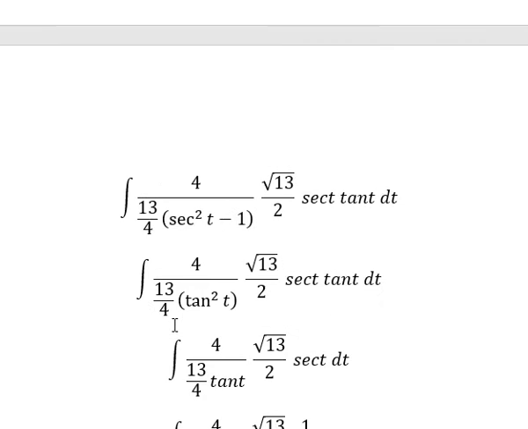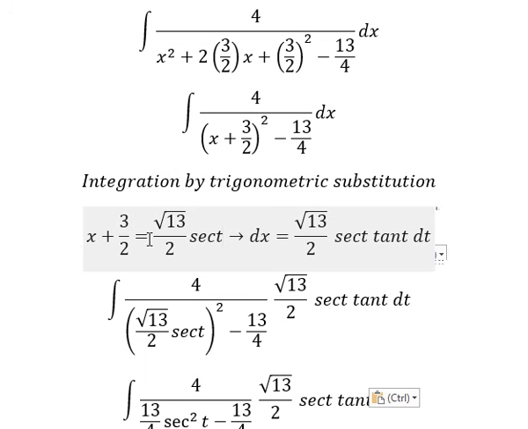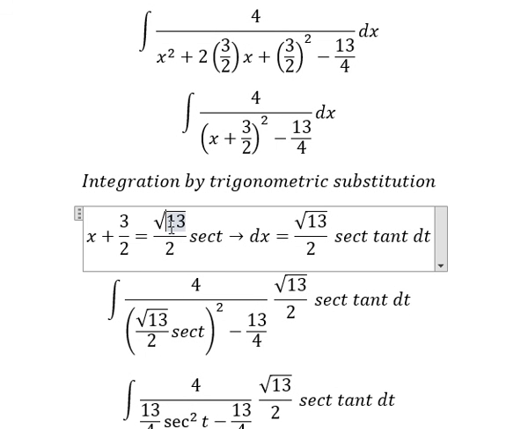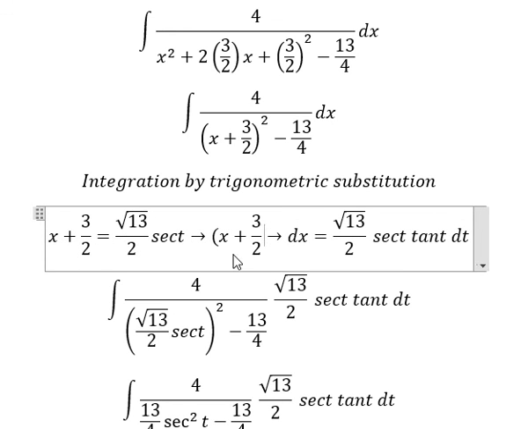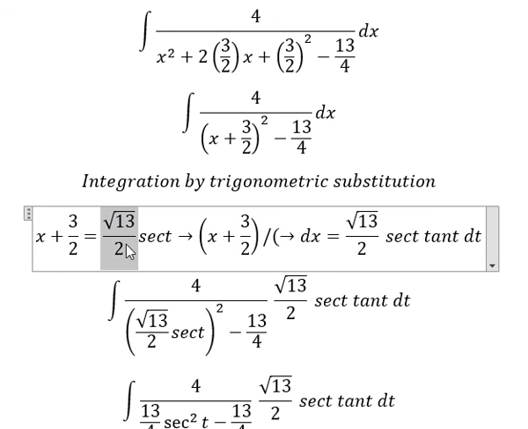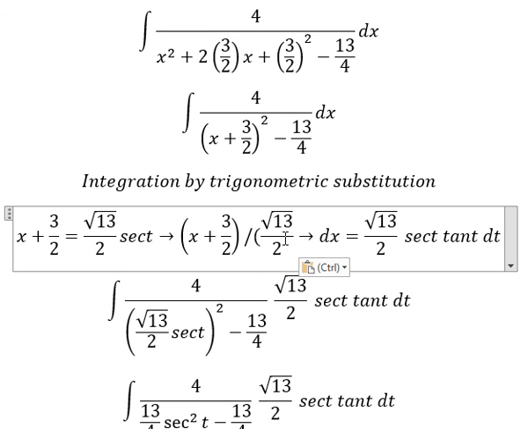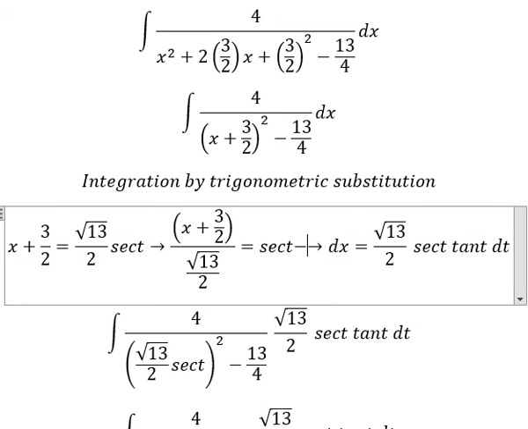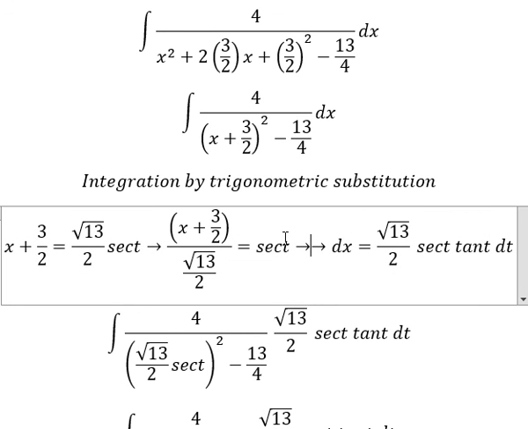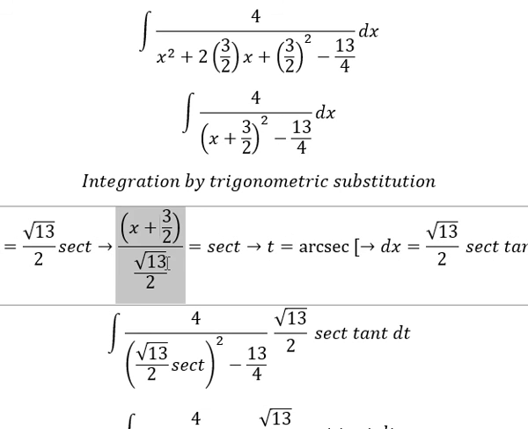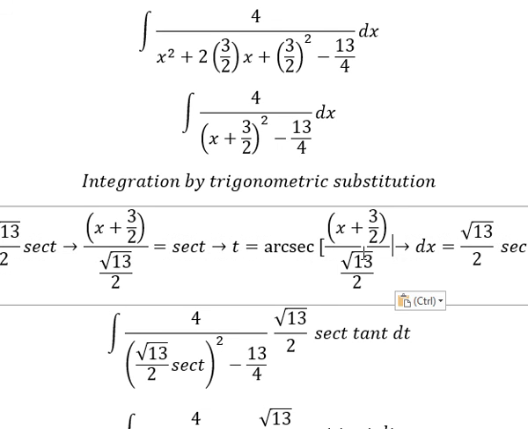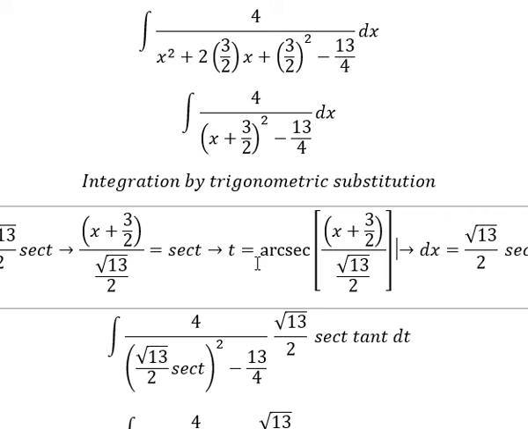About t, that is about this one. So we need to divide both sides by this one. And now we can find the value of t. So I will put this one to change for t.